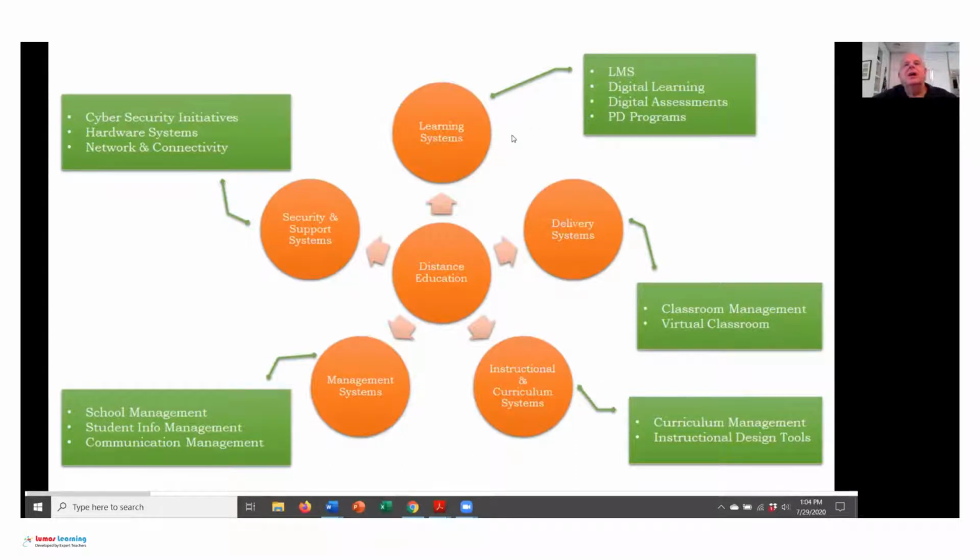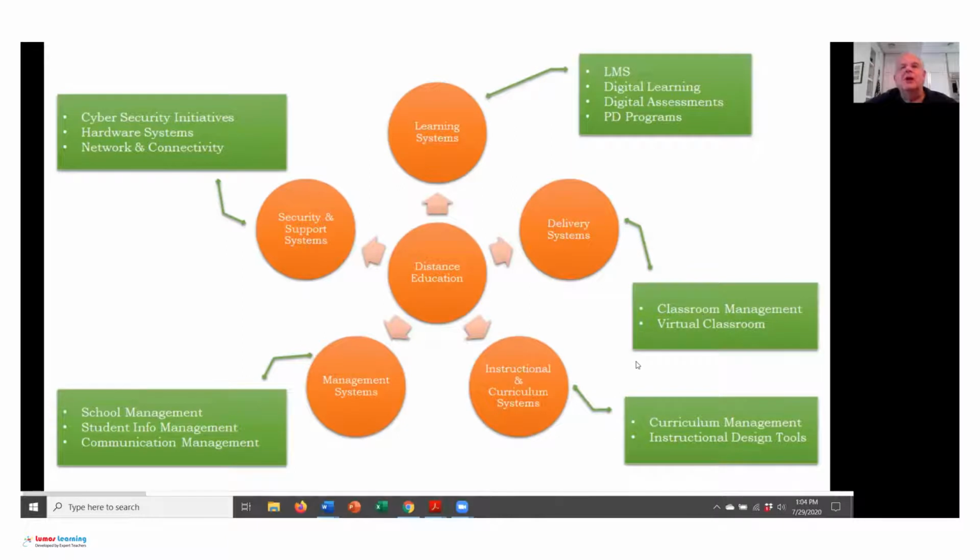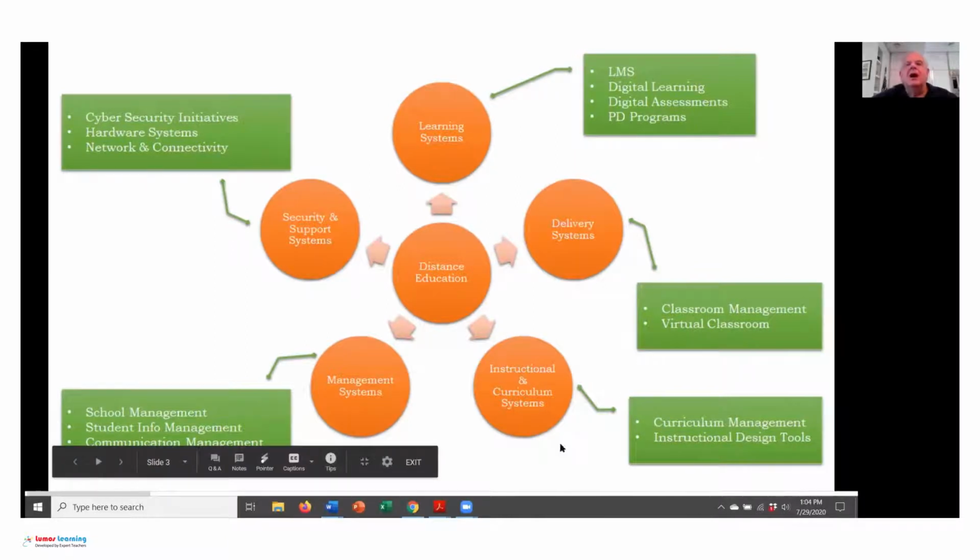This is like Google Classroom up here. The delivery systems, the classroom management systems for keeping track of things like attendance and managing the classroom. And in fact, something like what we're doing here, using Zoom for a group session.